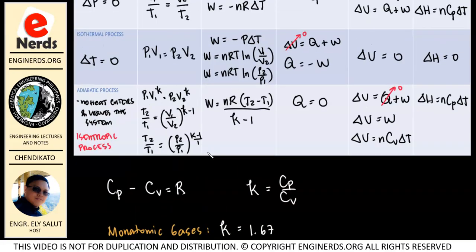And by the way, I forgot to write here that we can also have our work as P2 V2 minus P1 V1 over K minus 1. So we will be deriving that as well in our separate video about the adiabatic process.